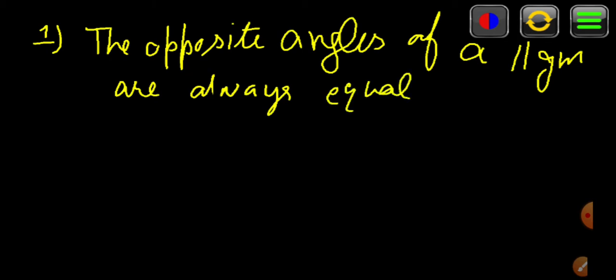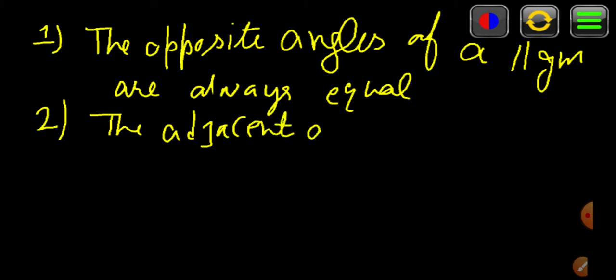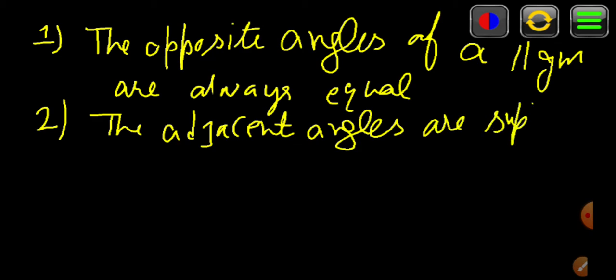Means for any parallelogram their opposite angles will always be equal. Second, the adjacent angles are supplementary. Means adjacent angle sum is 180 degrees.